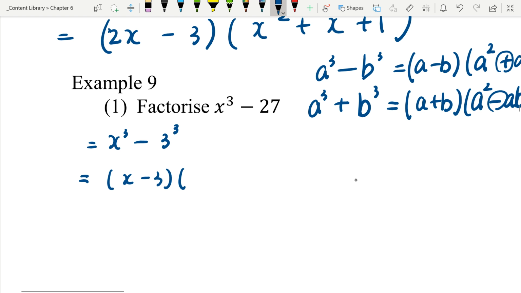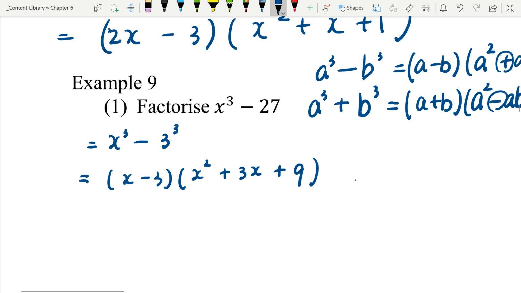It's okay. Yep. Yep. Plus? No. No. Okay. Just match the formula. A is x, B is 3, and then match the formula.